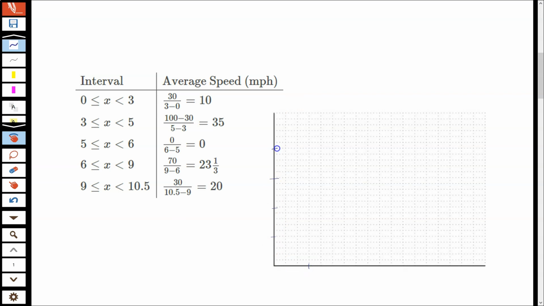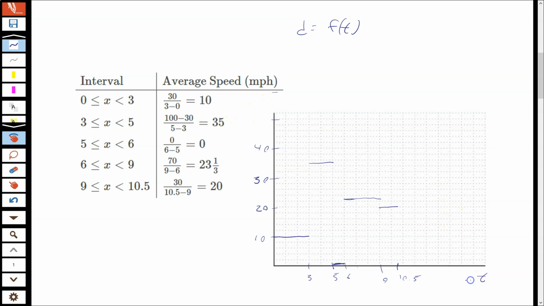I'm going to show you the graph of what all of these intervals would look like. What I've done here is sketch the graph of the speed. Because these are all constants, we have a bunch of horizontal piecewise linear functions here. Remember our original function, we said d was f of t, so that was distance. My question for you now is, what should I label my vertical axis here?